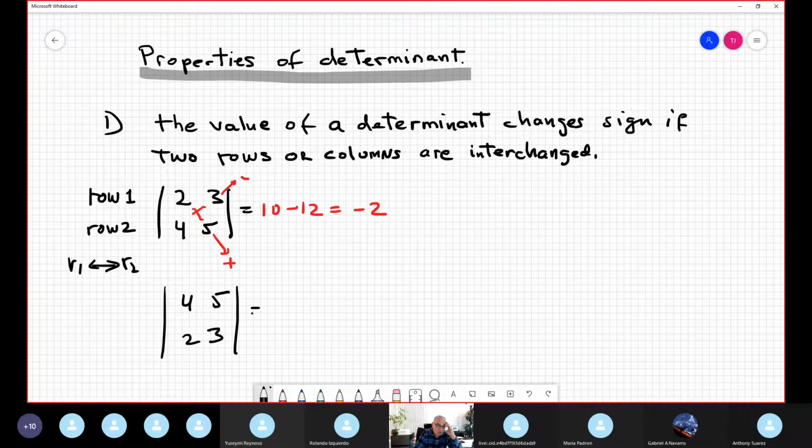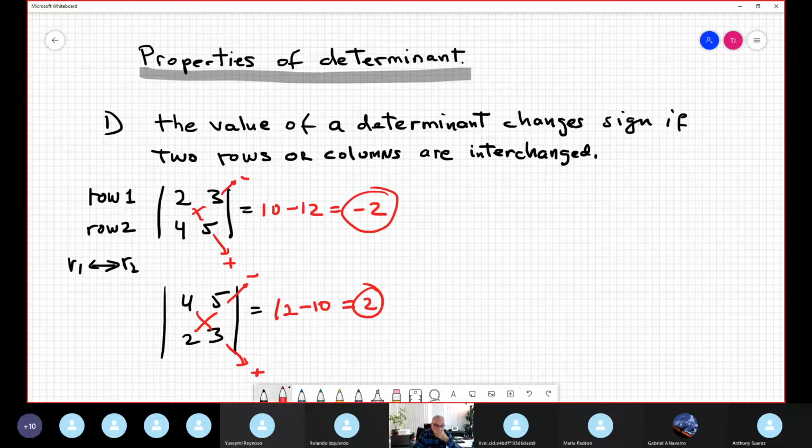And the multiplication: this is positive 12, and this is negative 10. The answer is 2. Do you see? Did the sign change? The original determinant answer is negative 2. Now the new one, when you change, the answer is positive 2. We take advantage of that property to solve the determinant fast by hand.